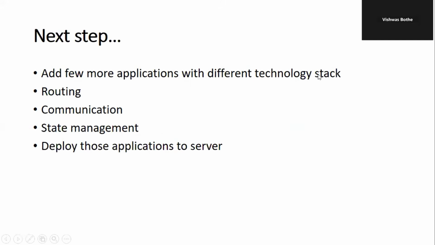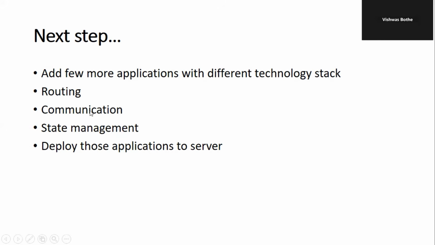For now, we went with three different React applications, but we'll try to add two more applications, one with Vanilla JS and one with some other framework, maybe Angular or Vue.js. Then we will talk about routing, where we will manage the routing in the parent application, and we'll see how exactly that routing works in different child applications.